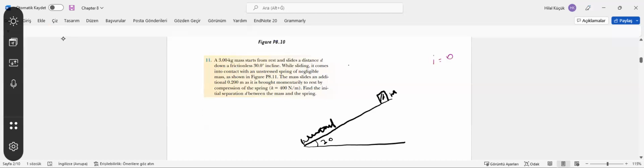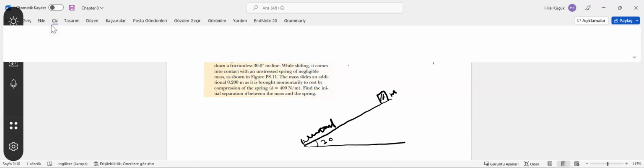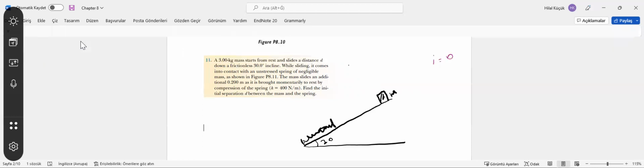When this mass slides to here, this spring is stretched by 0.2.